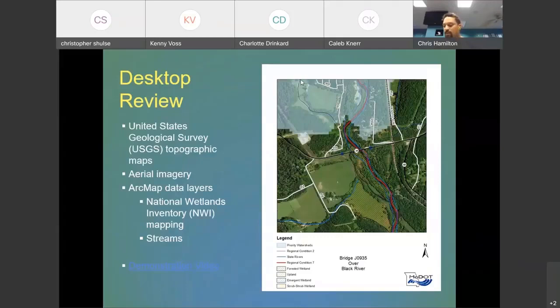For wetlands, you can see there are different types of colors on that map, and that kind of just shows which wetlands are in the project area. There are different classifications for those. And this is called the NWI, or the National Wetlands Inventory.